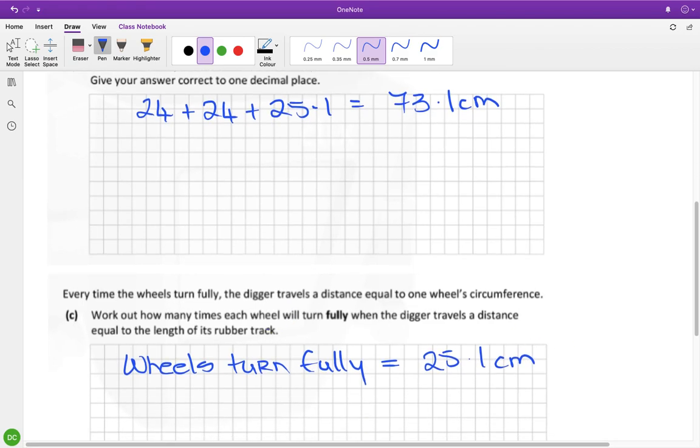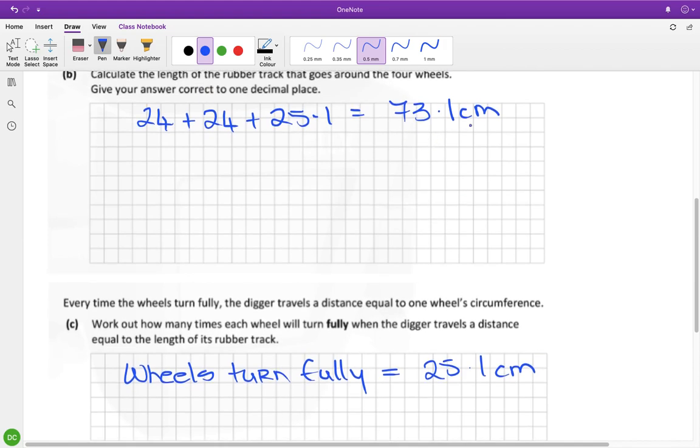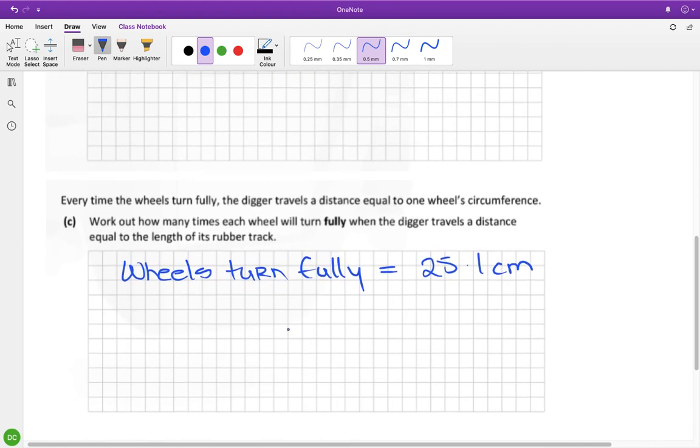Work out how many times each wheel will have to turn fully when the digger travels a distance equal to the length of its rubber track. So that's the 73.1. So how many times do the wheels turn? So if we do 73.1 divided by 25.1, we get 2.9 turns.